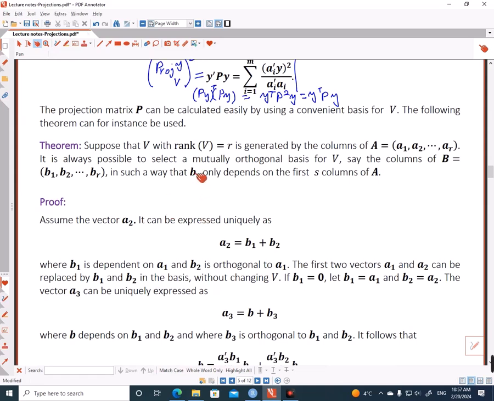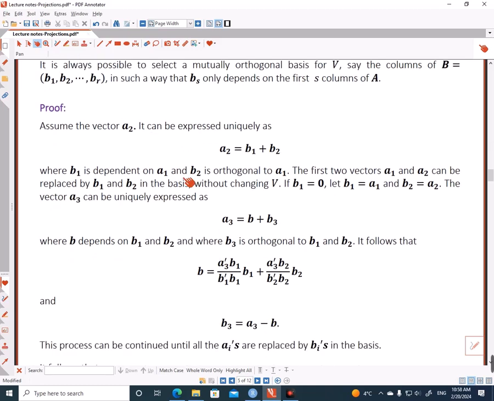Furthermore, B2 is only dependent on A1 and A2. B3 is dependent on A1, A2, A3. B4 is dependent on A1, A2, A3, A4, and so on and so forth. So it's an important theorem, and after this theorem we're going to go to numerical examples and see how we can use these results.